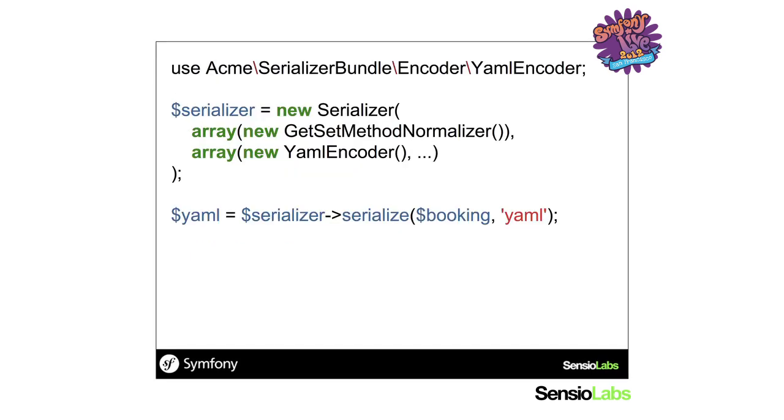If you want to revert the object, if you want to decode a YAML string and convert it to a PHP array, you can just implement the decoder interface. As you can see, I'm still in the same class, YAML encoder, but it acts as an encoder and a decoder because I'm implementing both the encoder interface and the decoder interface. So the decode method parses a YAML string and converts it to a PHP array.